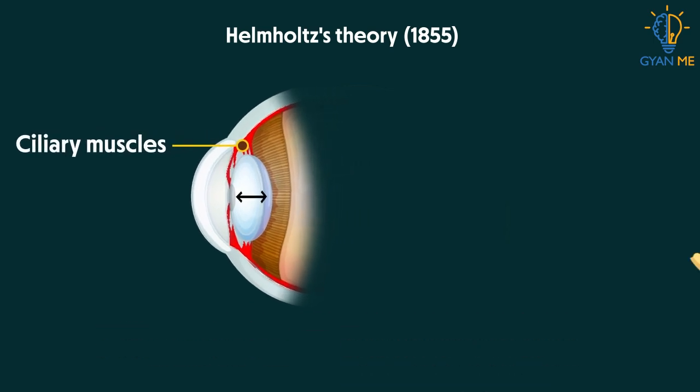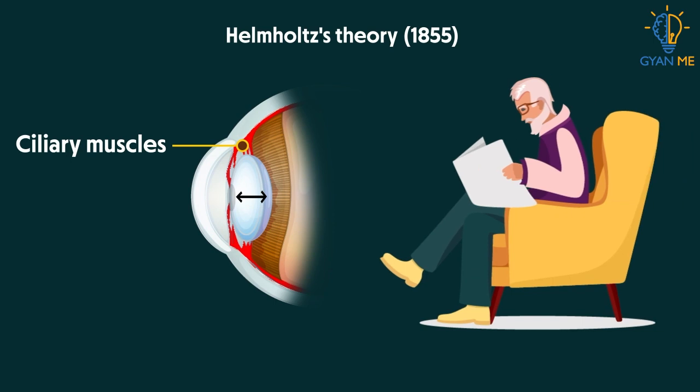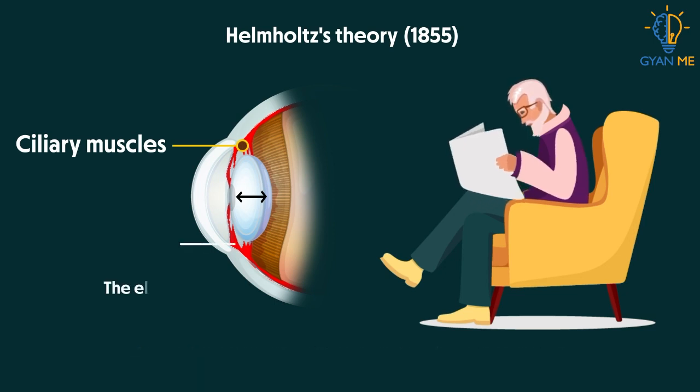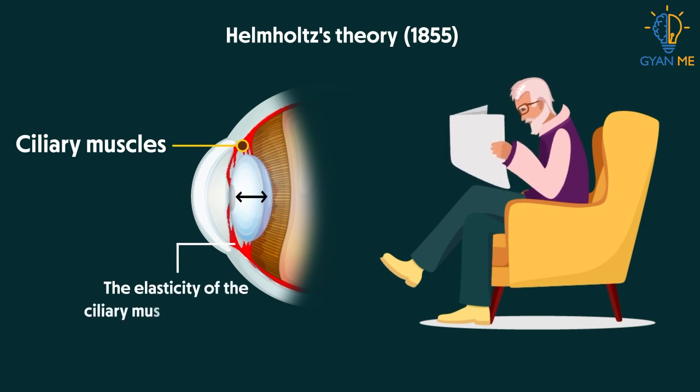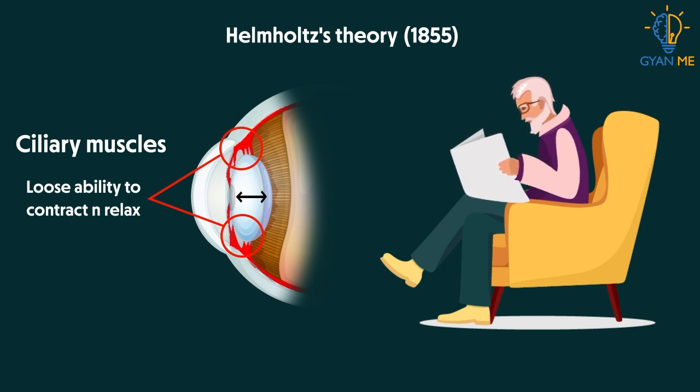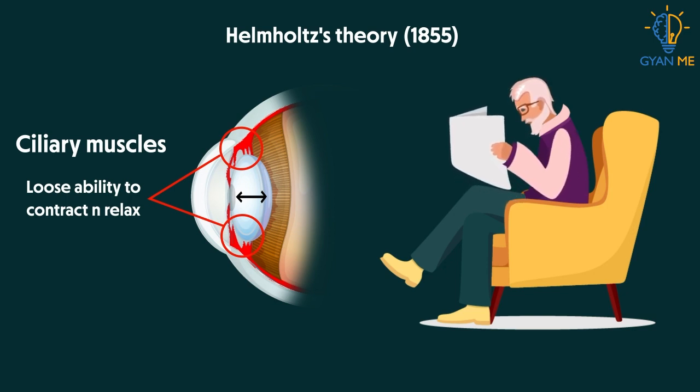Now this happens because of age. As age increases, the ciliary muscles also get worn out. Due to this, the elasticity of the ciliary muscles is reduced. These muscles lose their ability to contract and relax effectively, which ultimately affects the converging power of the lens.